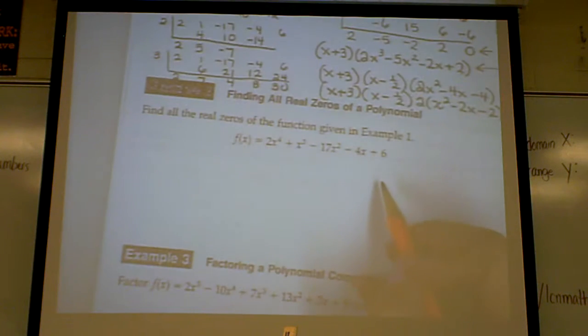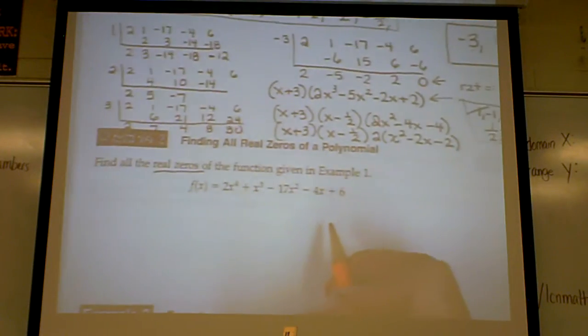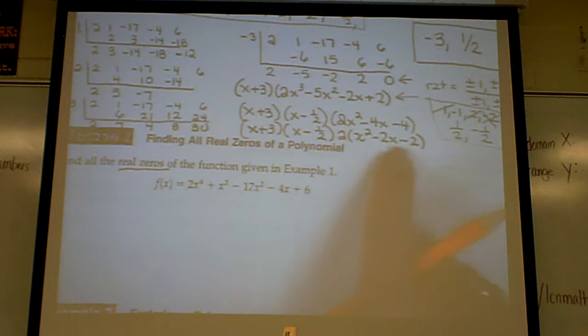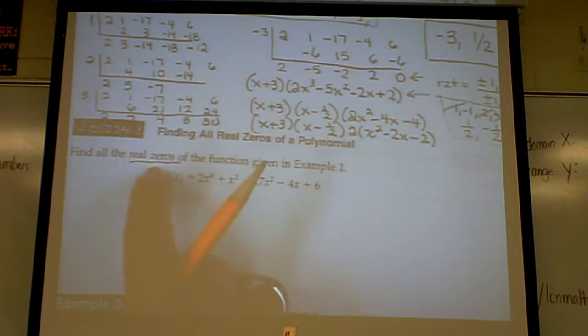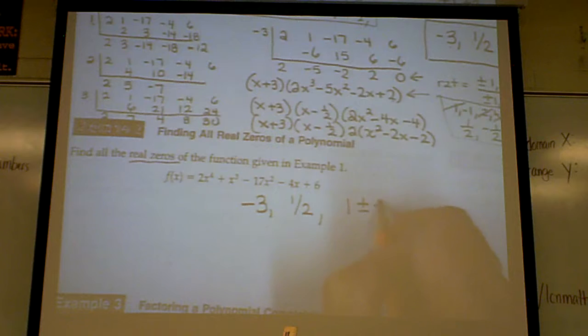But look at this question, number 2. How would you have answered this one? Find all the real zeros. I'm not going to go through and do this problem again because it's the same problem. The difference is you're going to list these 2 zeros in this answer along with -3, 1/2, and 1 plus or minus √3.